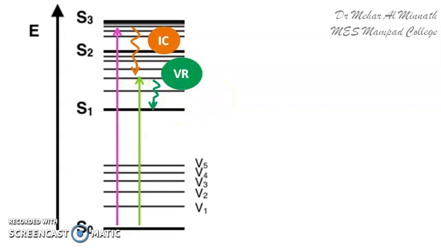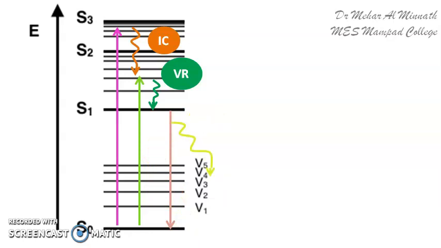Now, once the system reaches the lowest vibrational level of the first excited state, it comes down to the ground state by emission of radiation, and that is fluorescence.